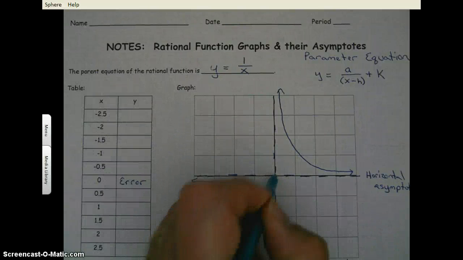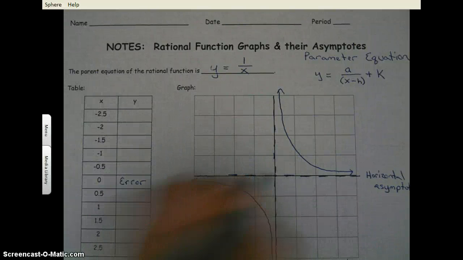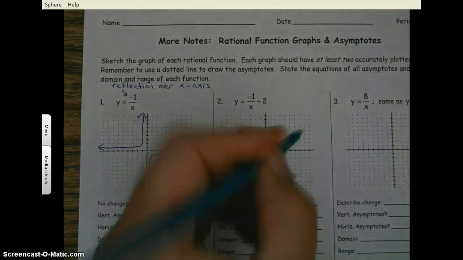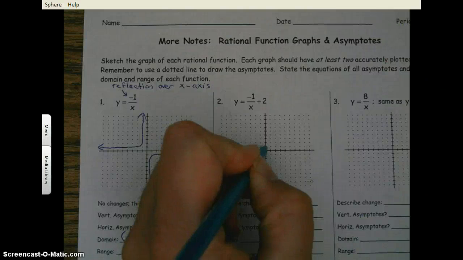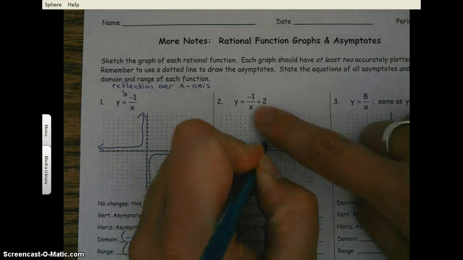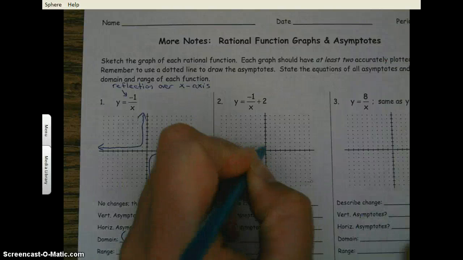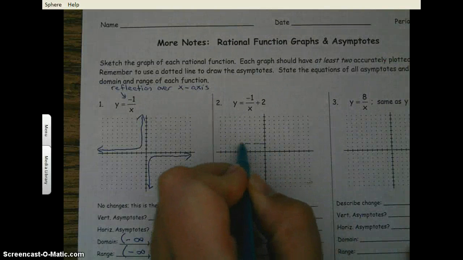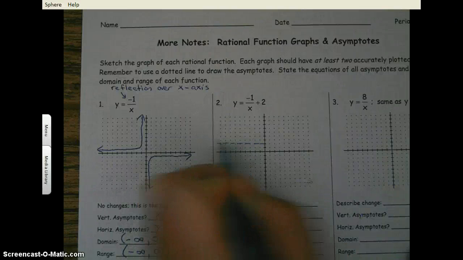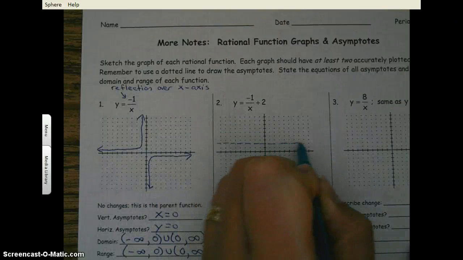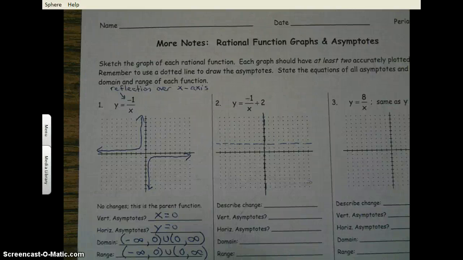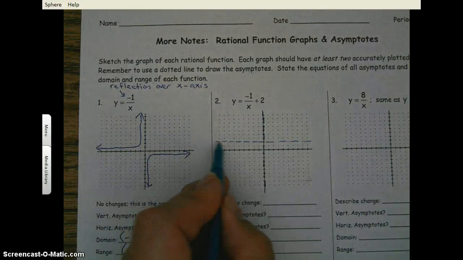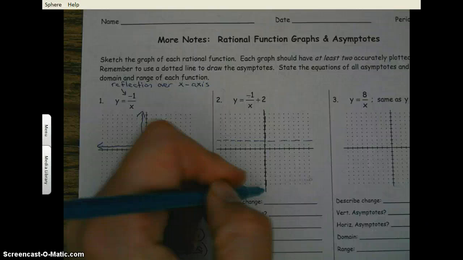So this is going to be our special point, the point in the middle, the origin. So we're going to move that origin straight up 2. Does it go left and right? No. So once you've gone up 2 units, you can immediately draw in your asymptotes. Make a plus. So we made a plus. We have our horizontal and vertical asymptotes.